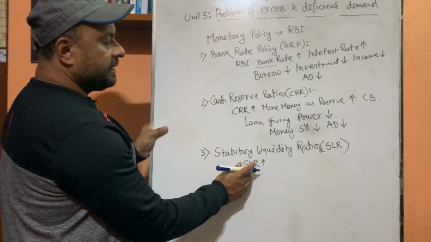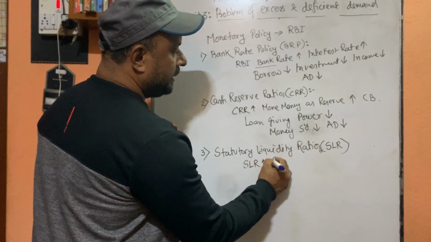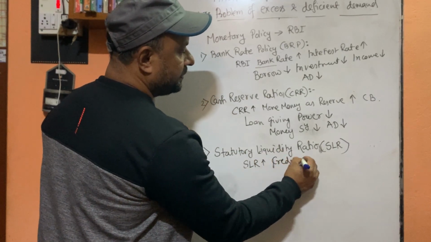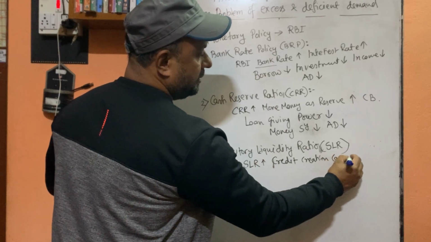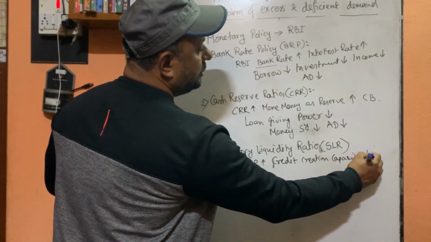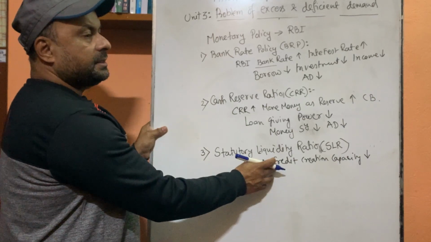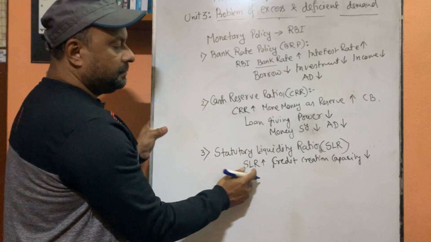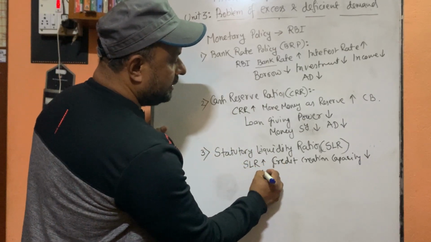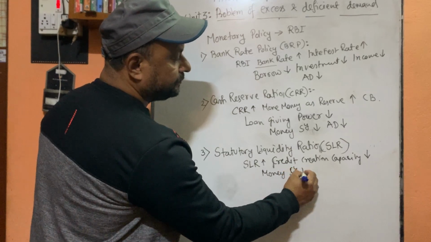So SLR increased. SLR increased means their credit creation capacity also reduced. They cannot give more money because a certain amount is reserved as CRR and a certain amount as SLR, and so there is less money supply in the economy.